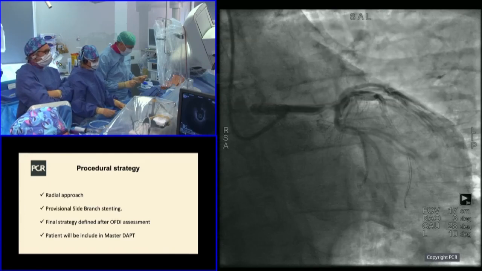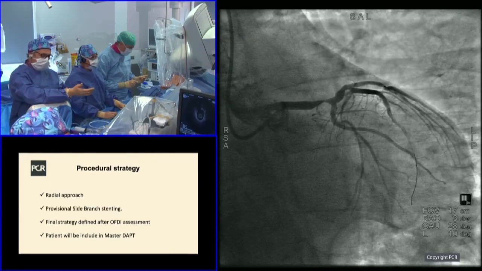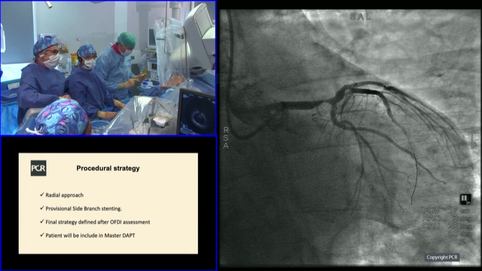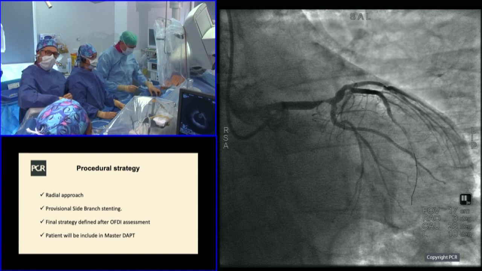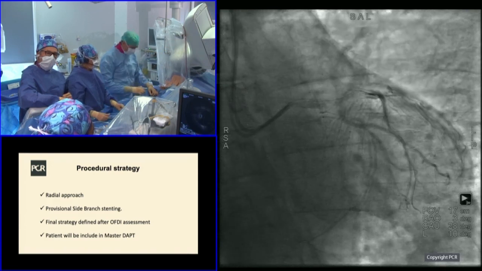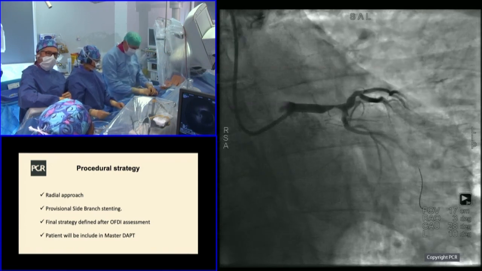But I think the likelihood to succeed with a stent up to the bifurcation here is around 80 to 90%, to my understanding. So angiographically, it looks possible, but I suspect the OFDI will suggest to us that it's not a good idea. So maybe not to do an OFDI.